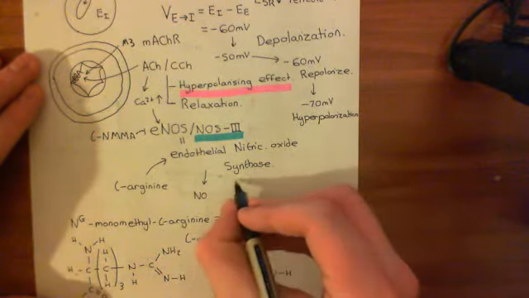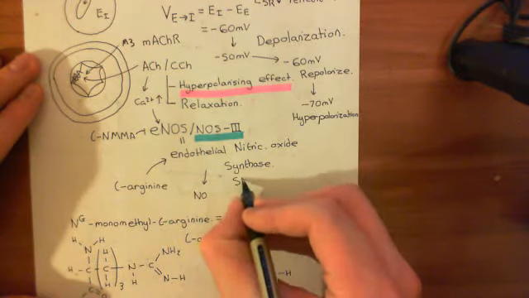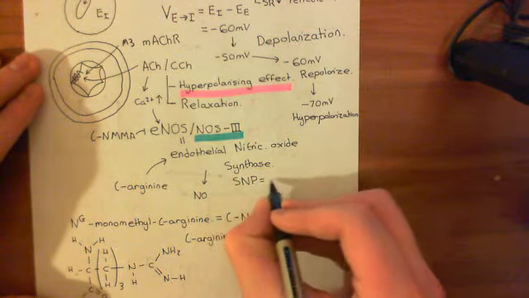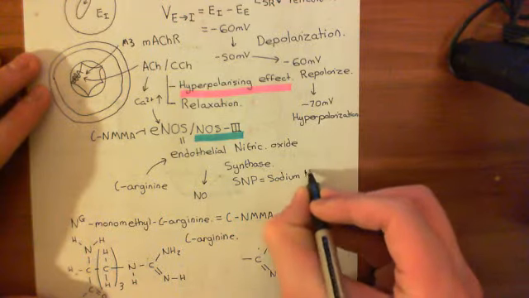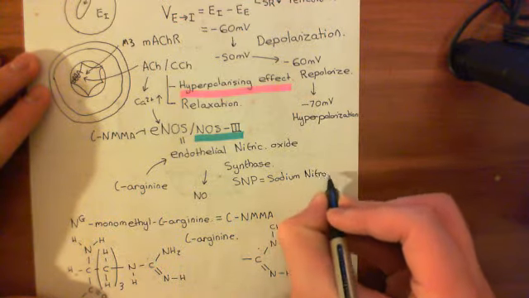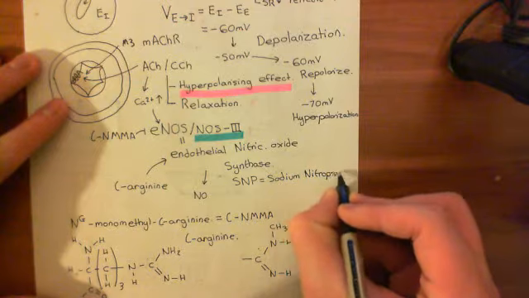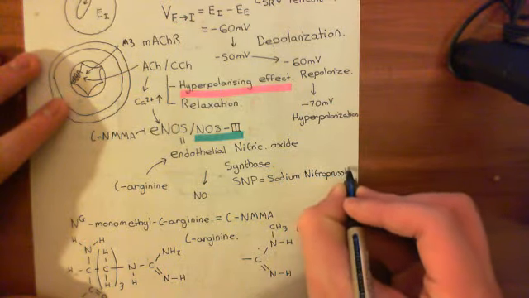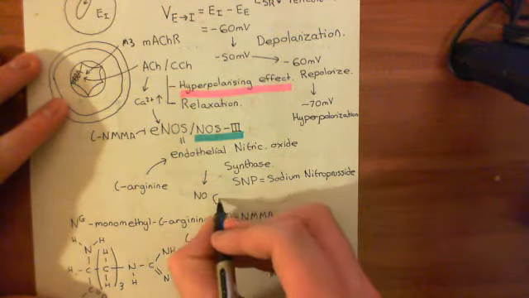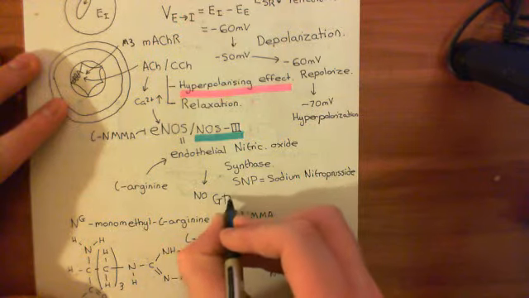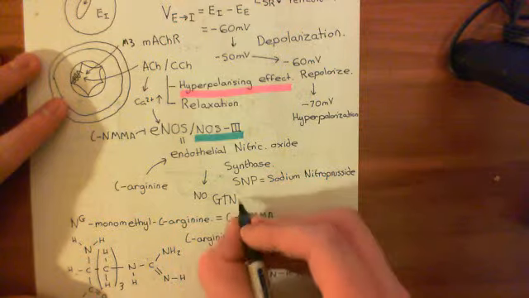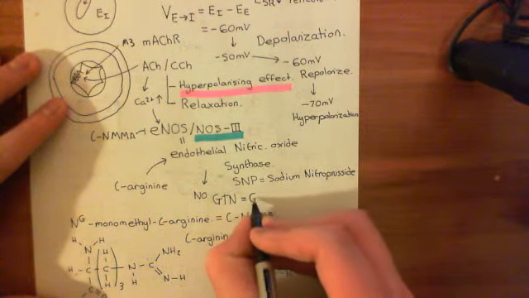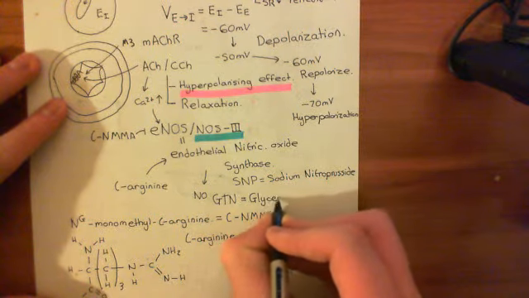So they took the nitrovasodilator SNP, or sodium nitroprusside, okay, and they also took another vasodilator. Wait a second, let me try and squeeze this in. Sodium nitroprusside there. They also took another nitrovasodilator, which has this acronym GTN, which stands for glyceryl trinitrate.